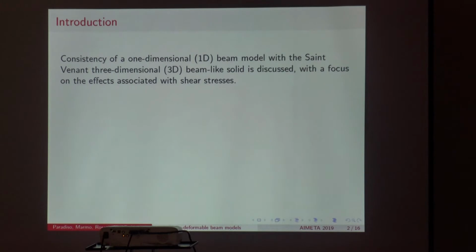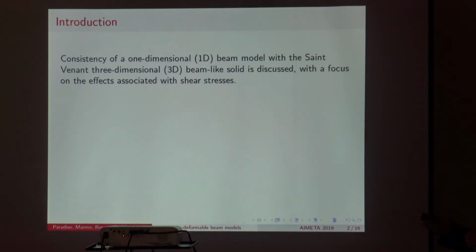Because I think that sometimes we cheat our students, since we continuously switch between the 3D model, the Saint-Venant model, and the 1D model, and probably students do not have completely clear when you are dealing with the 3D and the 1D model.